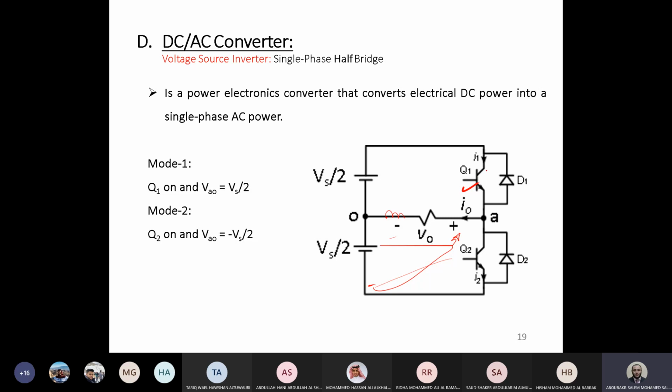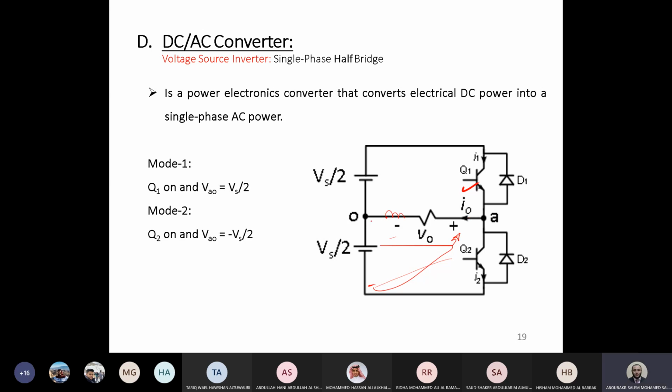But if you turn off Q1, what will happen? It will discharge. It has to be discharged, and the current was moving in this direction. So it will continue through the other supply and return through diode 2.